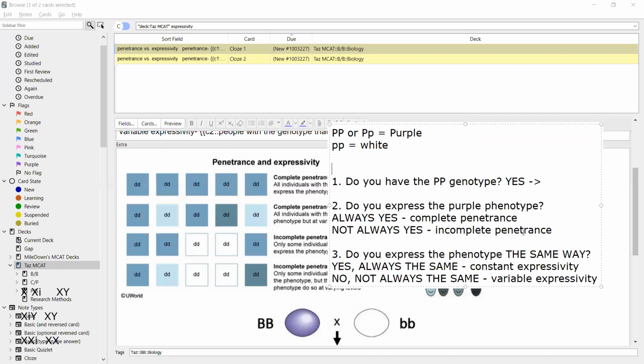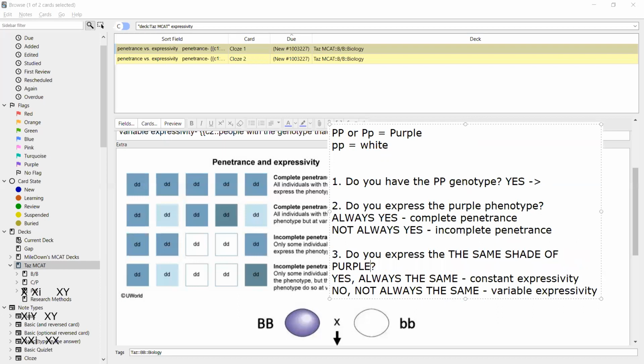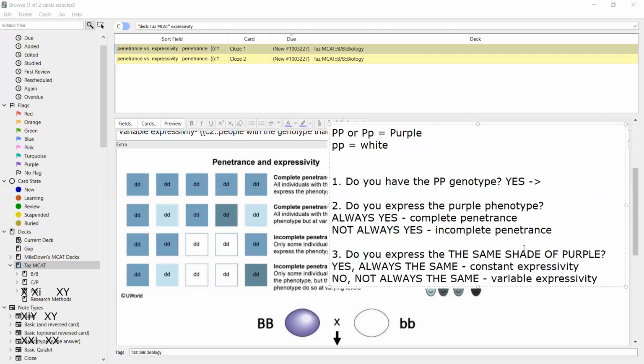If not, then it has incomplete penetrance. Then, do you always express the same shade of purple? That's how we could talk about expressivity in the PP genotype. If it was always the same, then it's constant expressivity. If it's not always the same, it's variable expressivity.